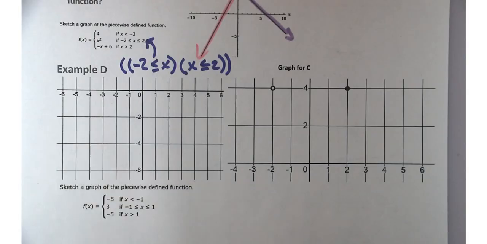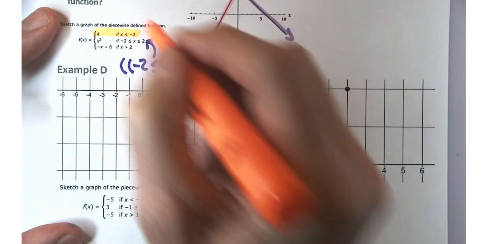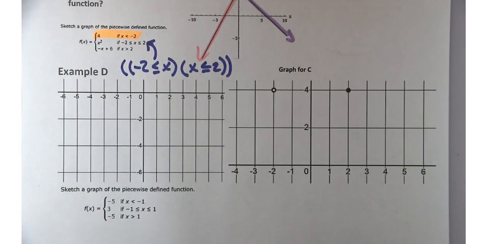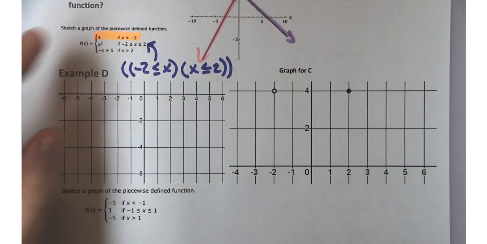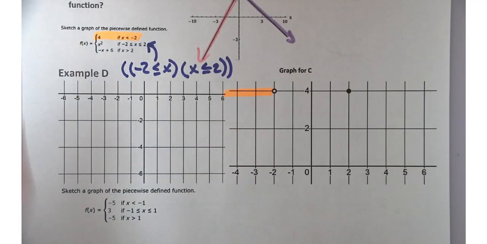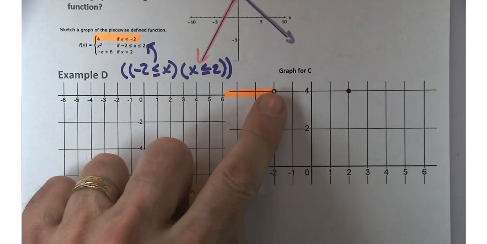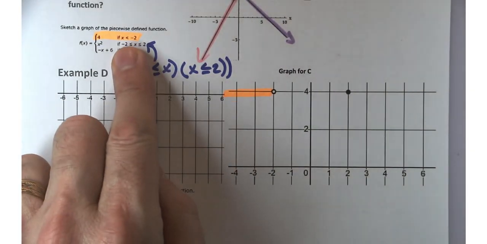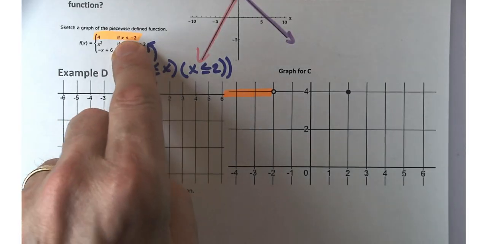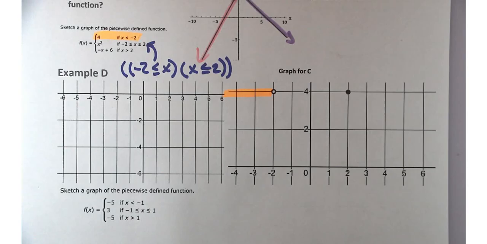So let's draw this. We'll start out with this in orange. The graph of y equals 4 is just a horizontal line up to but not including that point. Is that correct? Why do I have a hollow dot here? It's less than -2. But that hollow dot gets filled in, doesn't it?